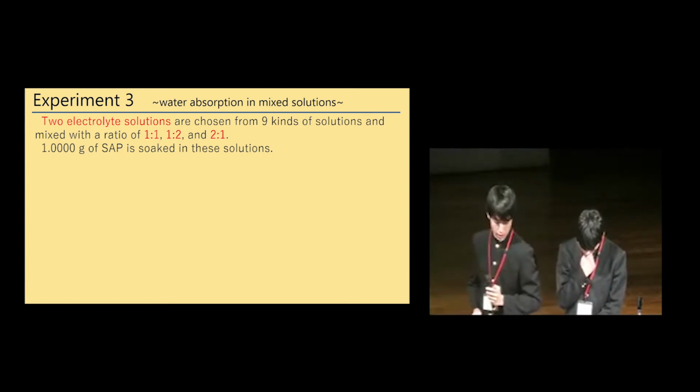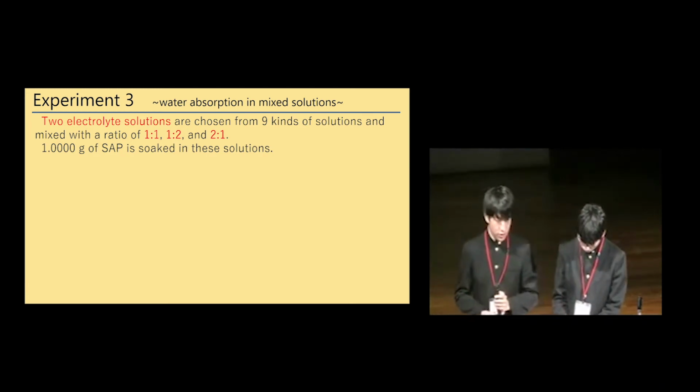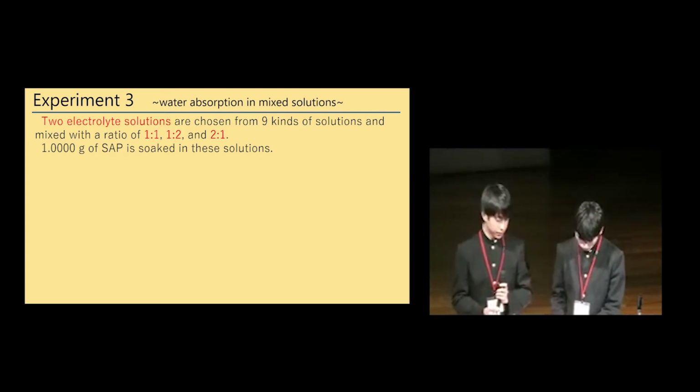In experiment 3, we choose two electrolyte solutions from 9 kinds of solutions and mix them with a ratio of 1:1, 1:2, and 2:1. We soaked 1 gram of SAP in these solutions and verified whether we can classify the different types of cations and the mass contained in the mixed solution.